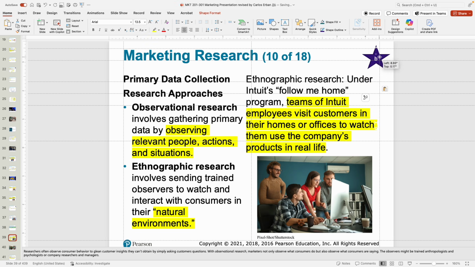This is particularly important for startups. A lot of the research used to be long surveys that would take forever. But now observational research, watching how consumers interact in their natural environment, has become a lot more important. For startups, this is particularly important because you have a prototype and you want to see if they even know how to use it or how they interact with it.